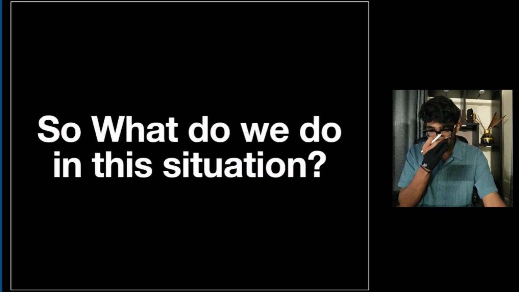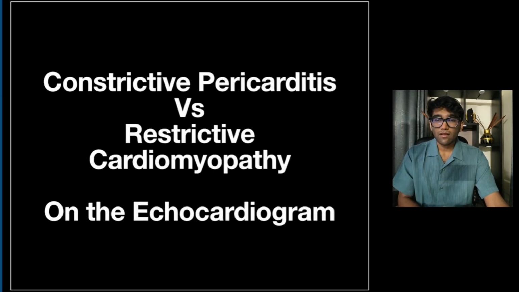It is at this point that your echocardiogram may help you. So what do I do in this situation? I go for an echocardiogram. The patient has already undergone an echocardiogram. We do a detailed review of the echocardiogram and see if we have findings that would be suggestive of one or the other. Typically your cardiologist would give you the answers to these questions already if you know where to look.